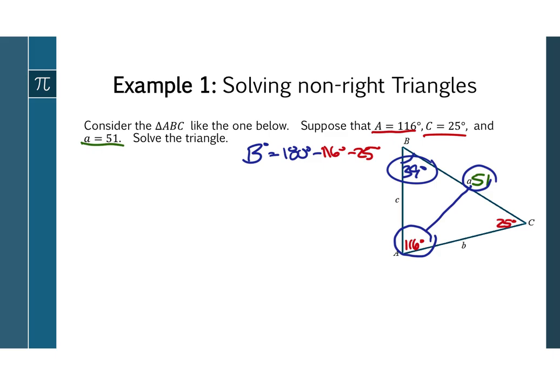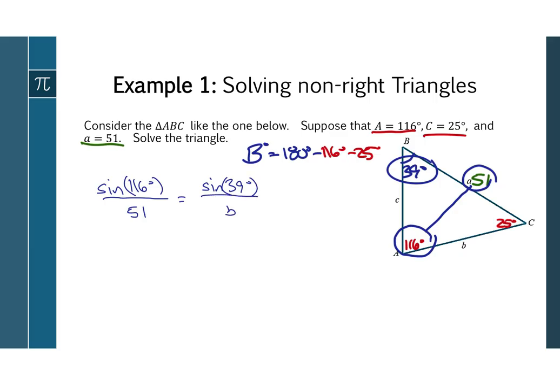So let us set up our first ratio. We have the sine of 116 degrees, and we have something that is across from it, which is 51. So this ratio will be equal to something else. Let's find B or C. It doesn't really matter which way we go. If we wanted to find B first, we can say the sine of that 39 degrees over little b.